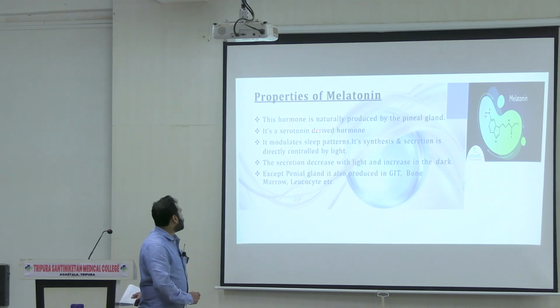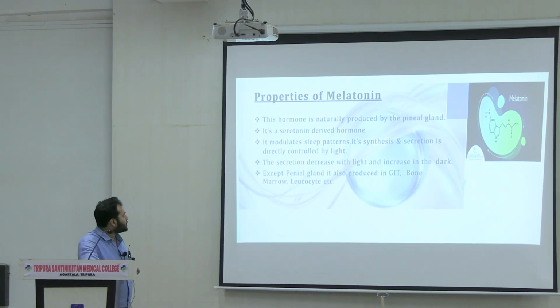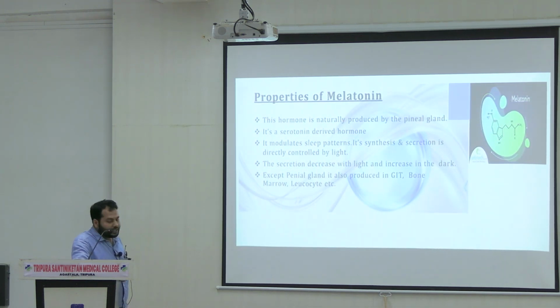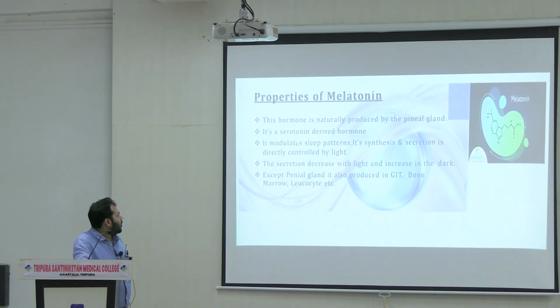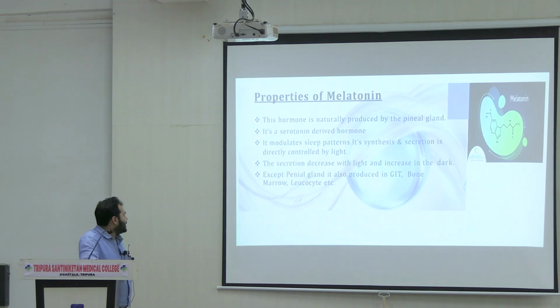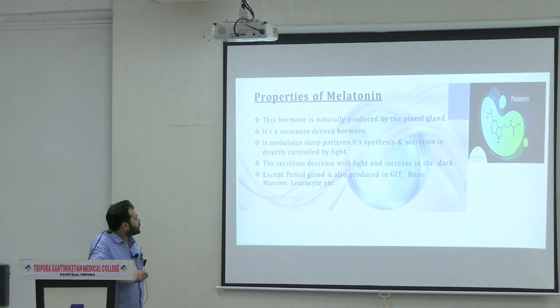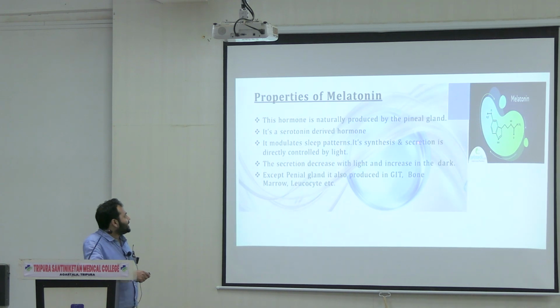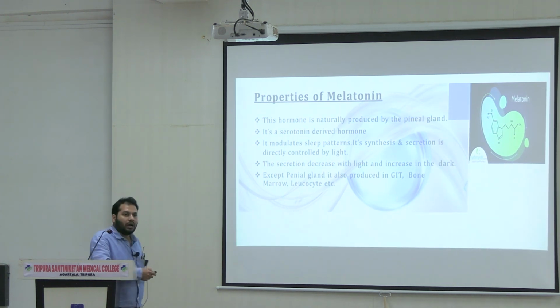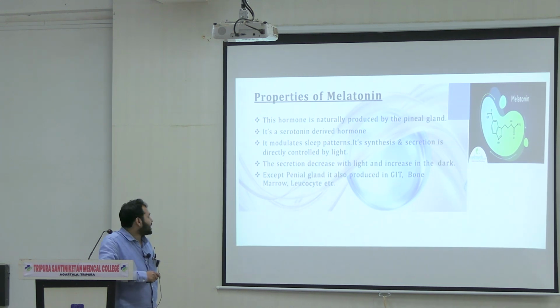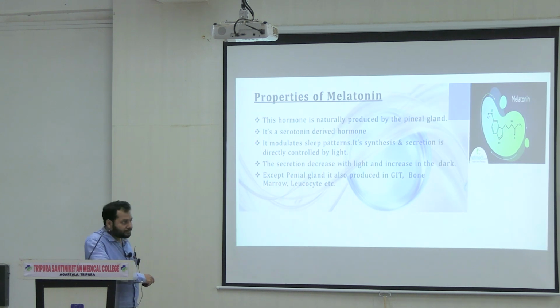See, melatonin is a hormone naturally produced by the pineal gland, and it is derived from a specific amino acid called serotonin. It modulates the sleep patterns, and both its synthesis and secretion are controlled by certain factors, and the most important factor is light, right?